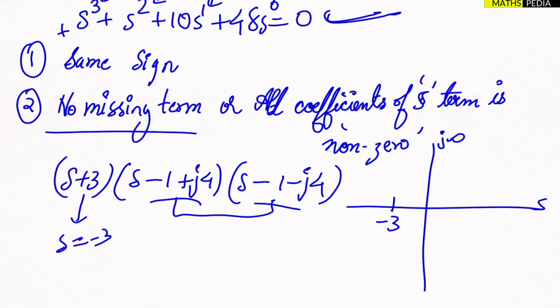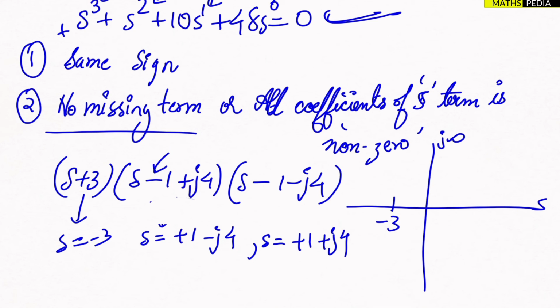For the complex values, s is equal to plus 1 minus j4, and s is equal to plus 1 plus j4. Just equate them to 0, I hope you understand, so the sign will change.